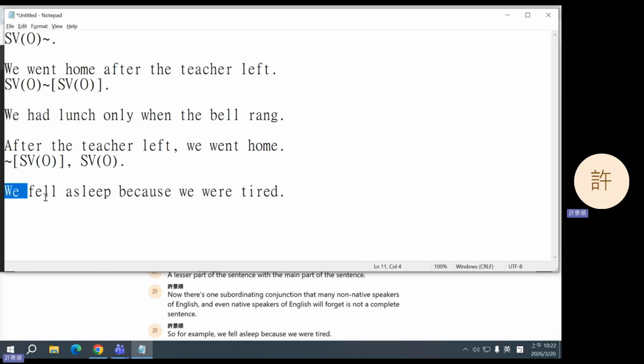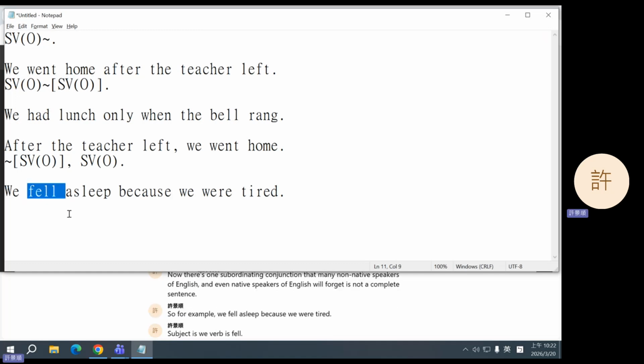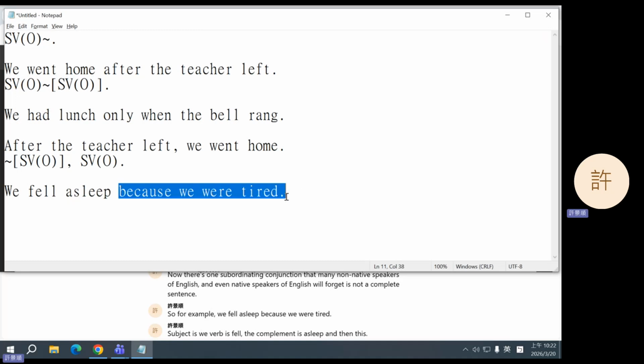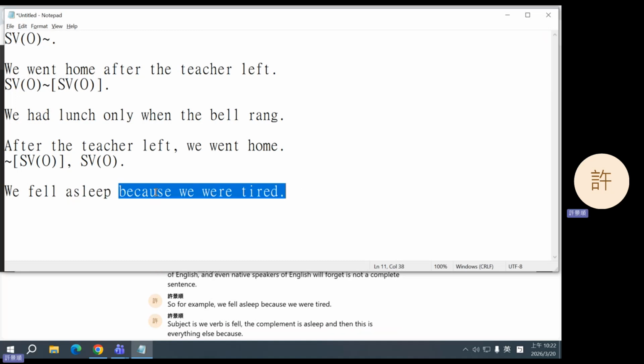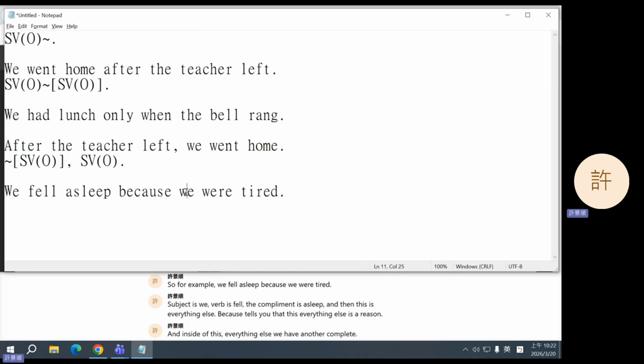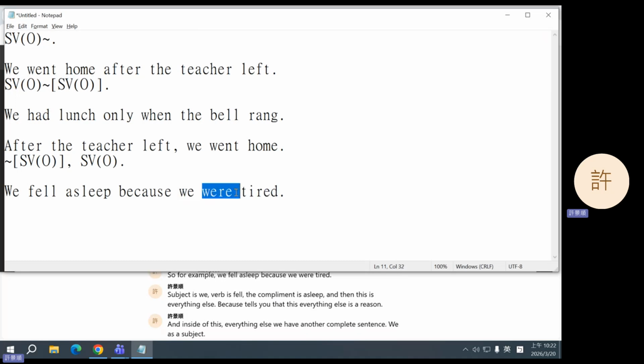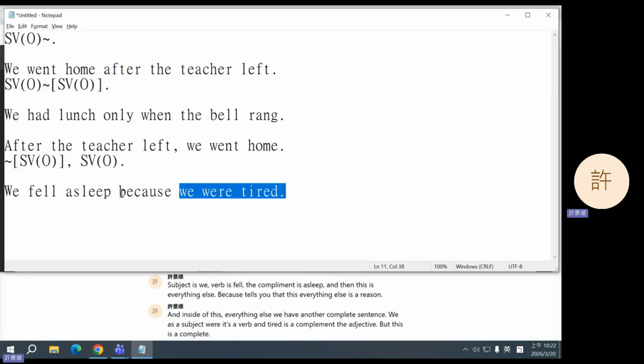Subject is we, verb is fell, the complement is asleep, and then this is everything else. Because tells you that this everything else is a reason. And inside of this everything else, we have another complete sentence. We is a subject, were is the verb, and tired is the complement, the adjective. But this is a complete sentence. Here's the key. This is not a complete sentence.